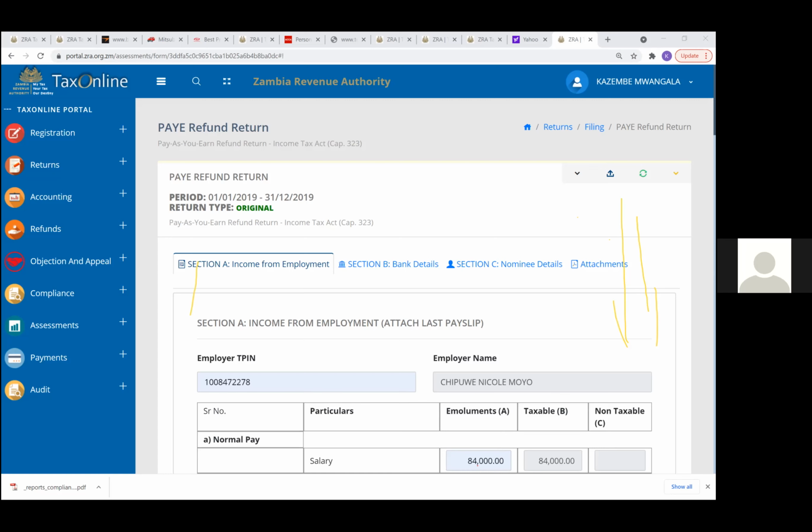So say, for example, you both got 100,000. One returned on the 100,000, so let's just say they were returning 10%, which is 10,000. Then the other one, assuming the net pay is 80,000, is returning on the 80,000. So one will have tithes and offerings as 10,000.